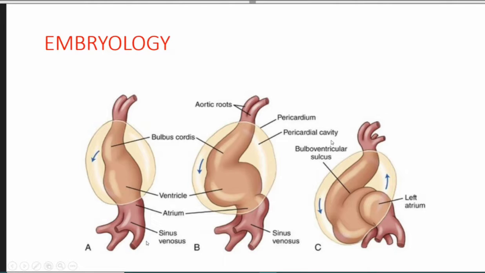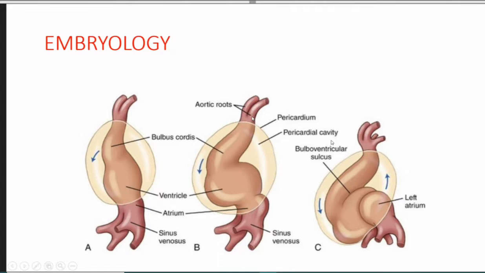So now we see that what I described is here in the form of a fused tube, and the tube elongates inside the pericardial sac. The sac has a finite size, so the elongating tube has to bend.